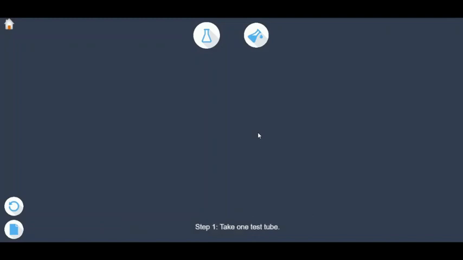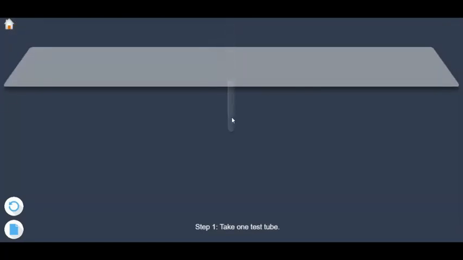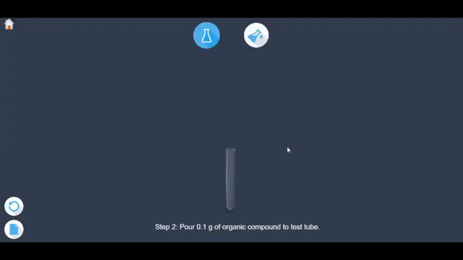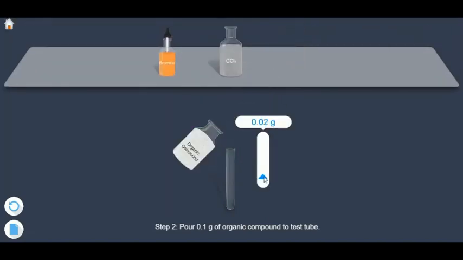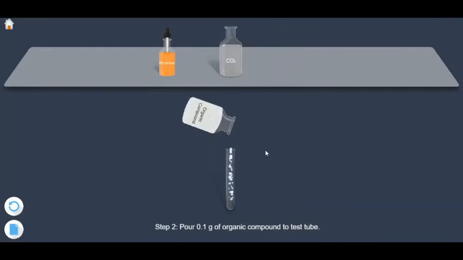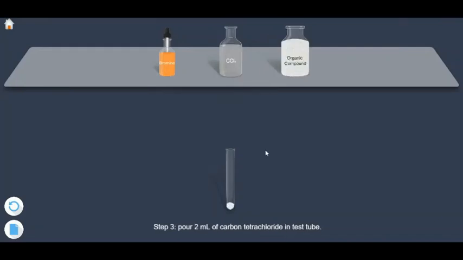Step 1. Take one test tube. Step 2. Pour 0.1 gram of organic compound to test tube. Step 3.